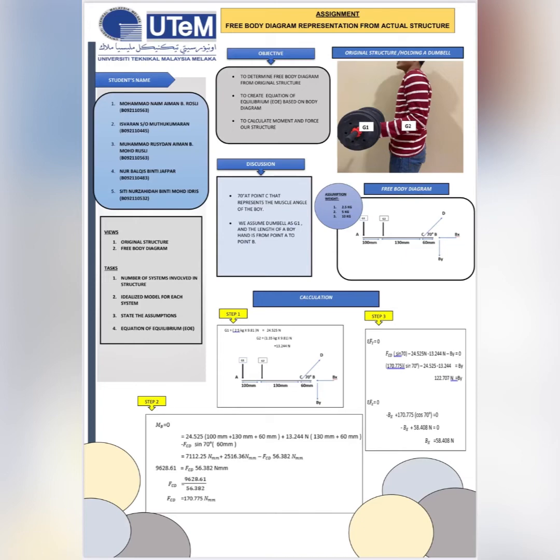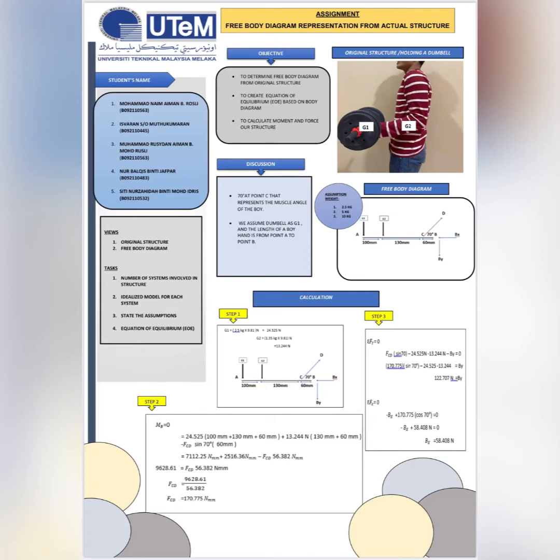We already have solved the FCD, so just times it with sine 70, subtract 24.525, subtract 13.244 equals By. Solve, By equals 122.707 Newton.